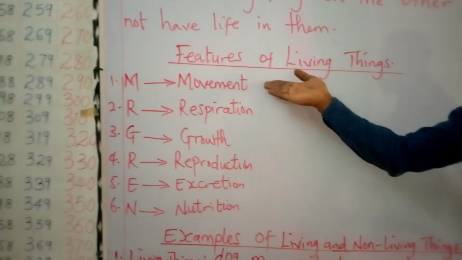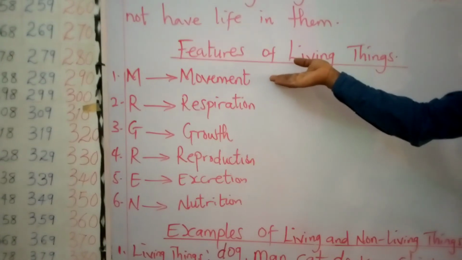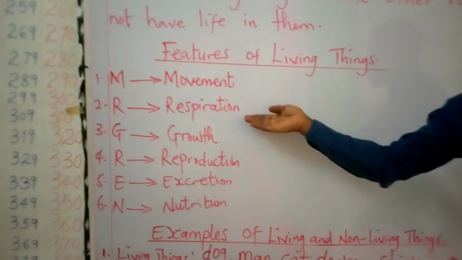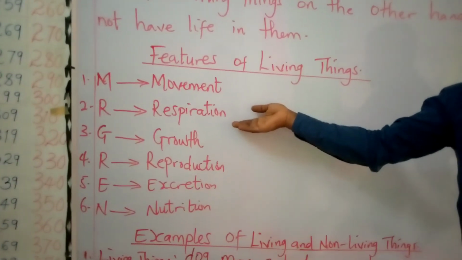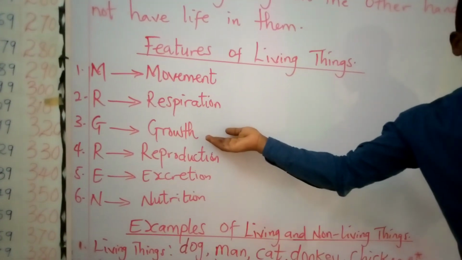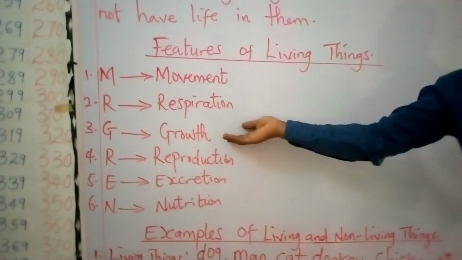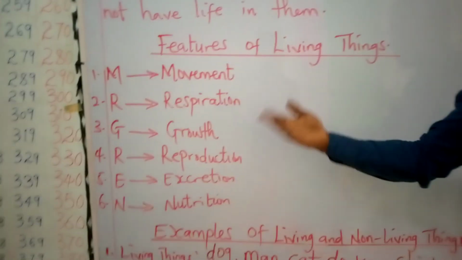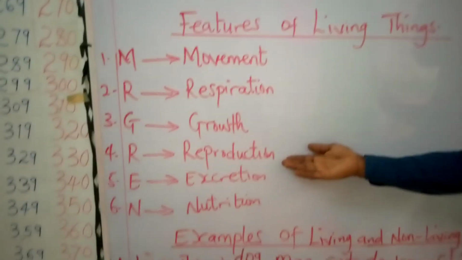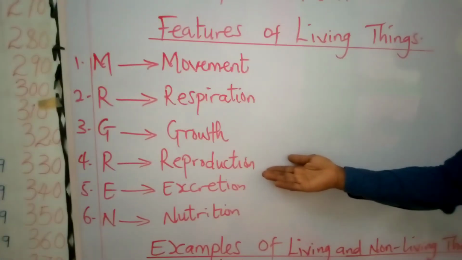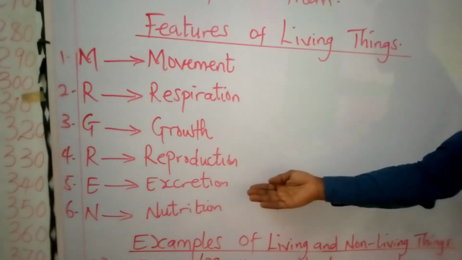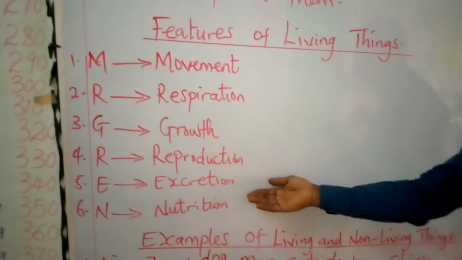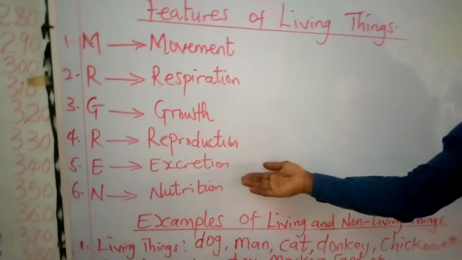Living things move, non-living things do not move. Living things breathe, non-living things do not breathe. Living things grow, non-living things do not grow. Living things give birth to babies, non-living things do not give birth to babies. Living things excrete, poo. Non-living things cannot poo.